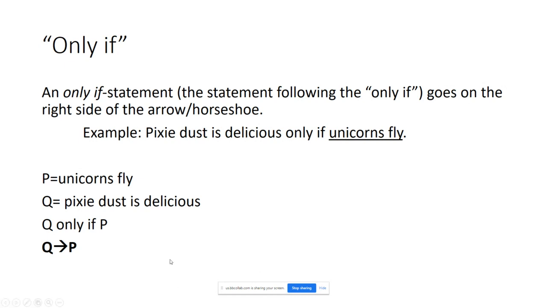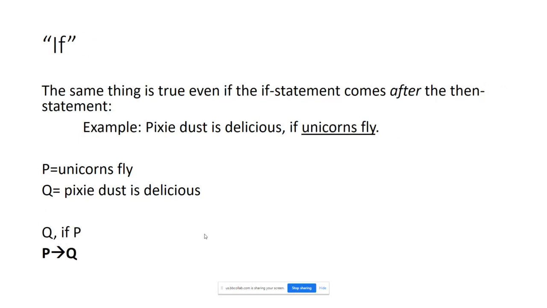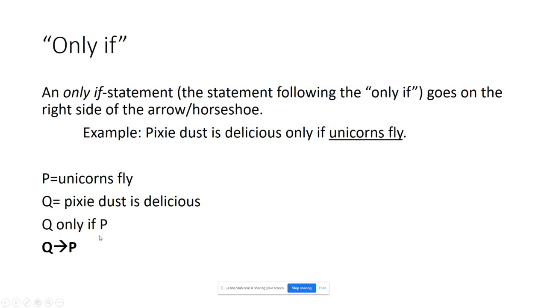Okay, so if we symbolize the simple statements in the same way, then what we've got here is Q only if P. And because P is the only if statement, we're going to put Q arrow P. Now remember, just by way of contrast, if you have Q if P, then it's P arrow Q. If you have Q only if P, then it's Q arrow P. It's the opposite.